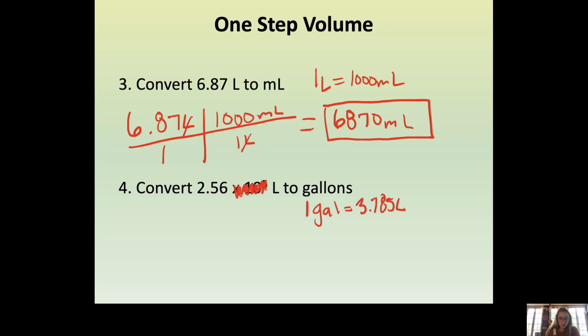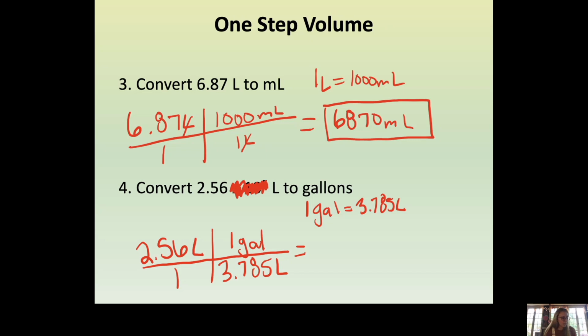We'll take out the scientific notation. 2.56 liters over 1. And what's going to match? This one. 3.785 liters, 1 gallon.